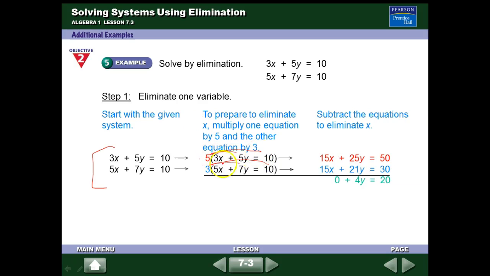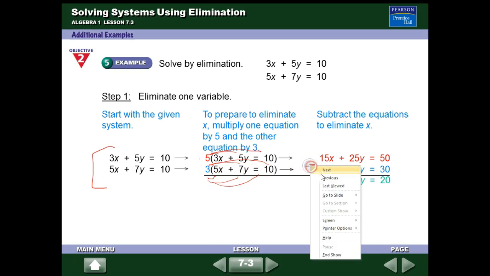We get, for the top row here in red, when we distributed our 5, 15x plus 25y equals 50. Take my 3, distribute to all of them. In blue, 15x plus 3 times 7, my 21y, and 3 times 10, 30.